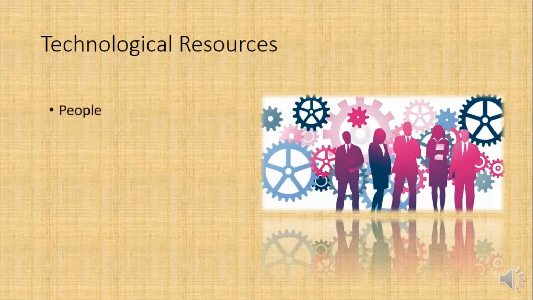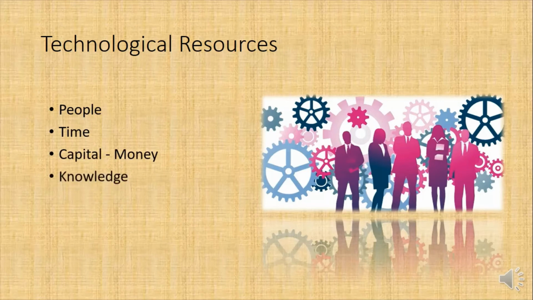Technological resources are anything that we humans, in a sense, need. One of the first things we'll talk about is people, time, money or capital, knowledge, and resources. Let's talk about this.